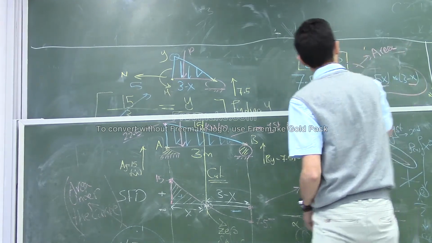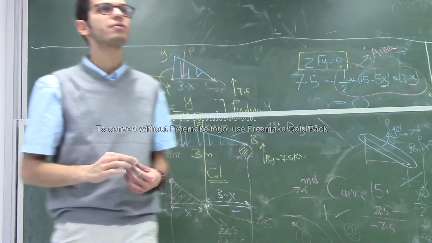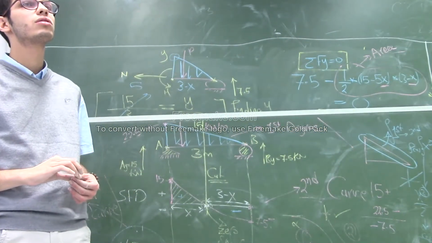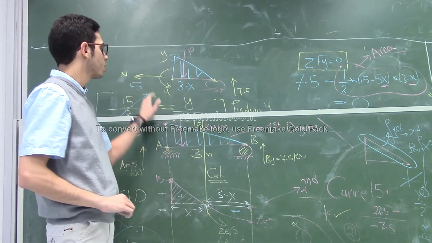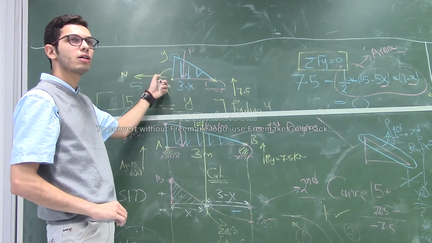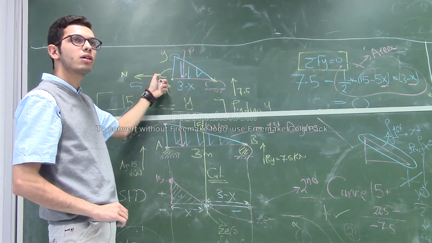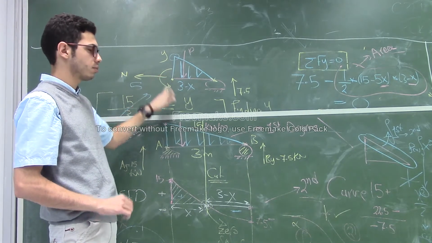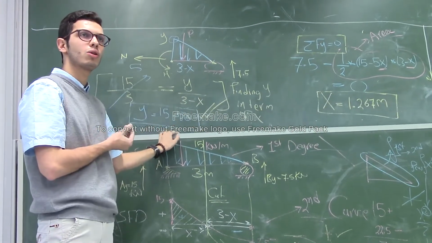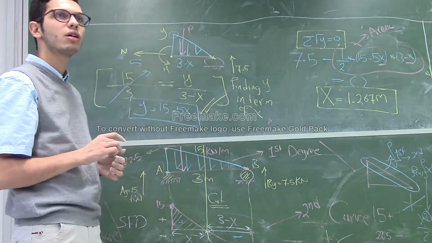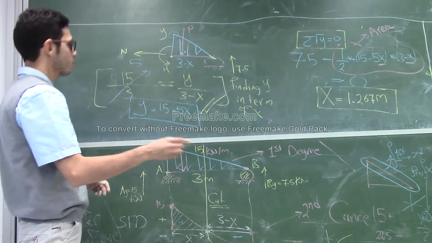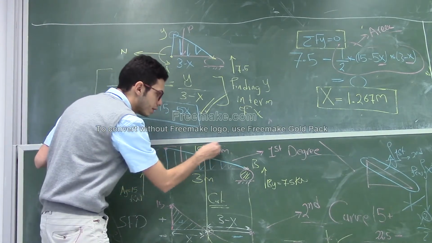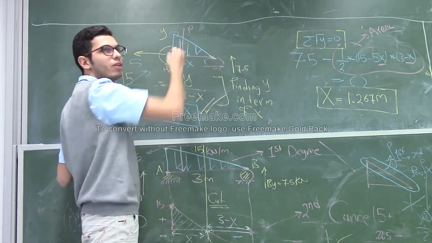So if we take the distributed load, why don't we take the distributed load in this case? That is where we find y. No, 15 divided by 3. Now I want to find the distributed value, not the equivalent value.